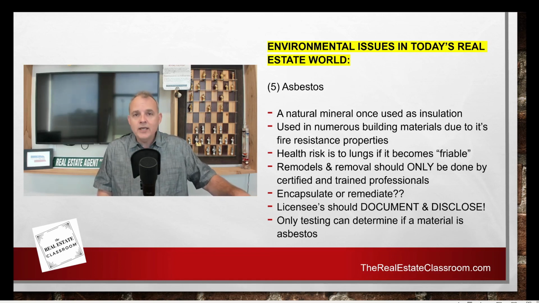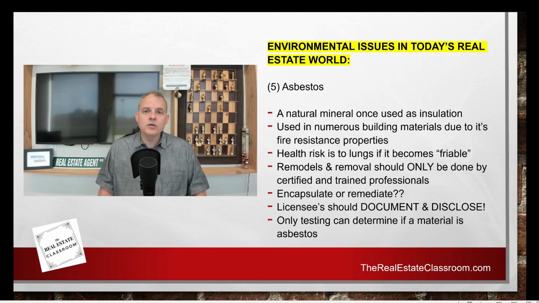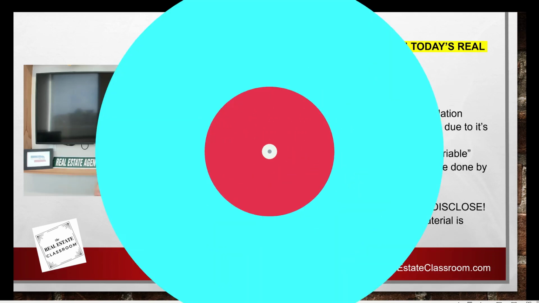The only way that we know whether or not a material has asbestos is through testing. Some jurisdictions and states require asbestos testing, some do not. So you're going to have to know the laws in your state and localities. But again, the licensee needs to know: document, disclose, document, disclose.